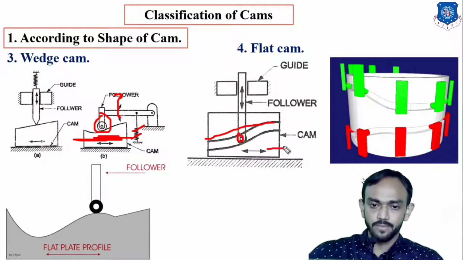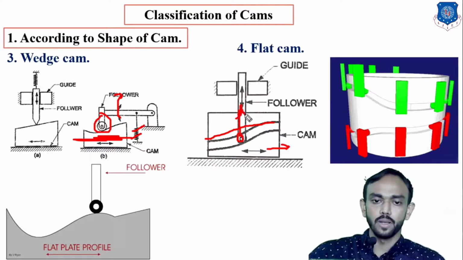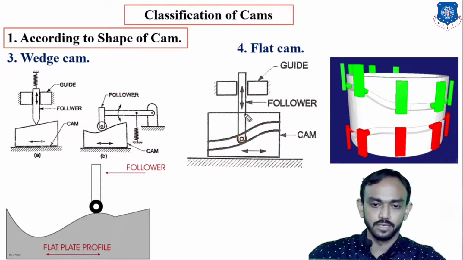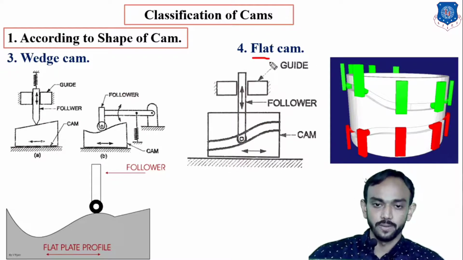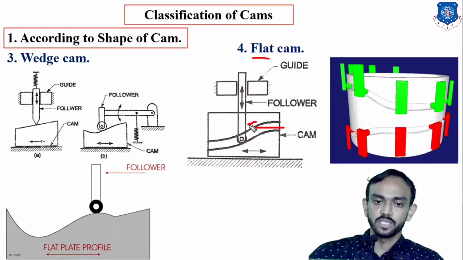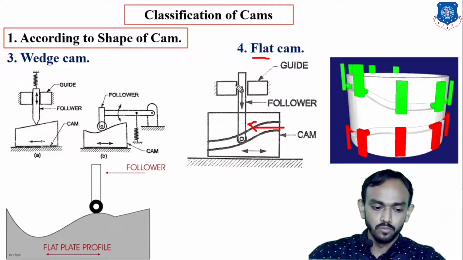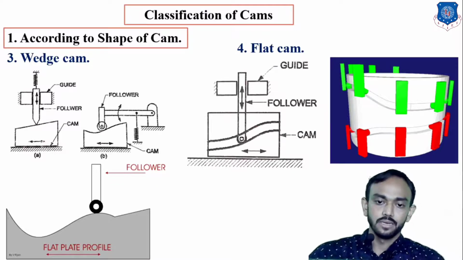If this cam is moving, then the follower will compulsorily move in the upward direction. That's why a slot is always given in a flat cam. It is also known as a positive cam. In a positive cam there is no possibility of the follower moving in any other direction with respect to the cam. If the cam is rotating or moving, the follower must move in a particular constrained direction.